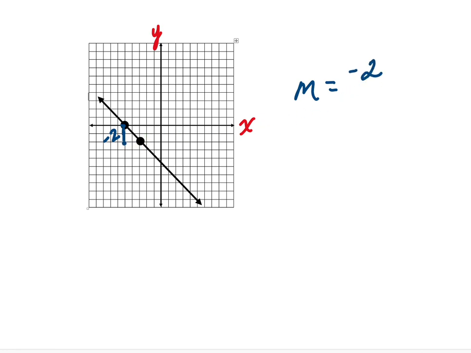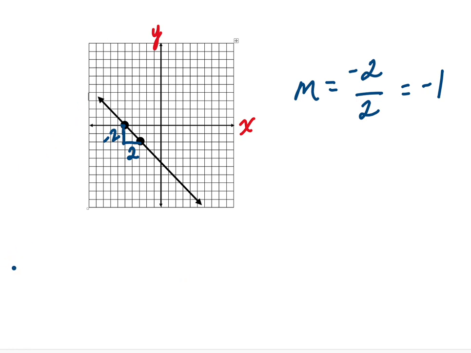And the run, which is left to right, is positive 2, because I'm going in the positive direction there. So negative 2 over positive 2. We will always reduce this. So negative 2 over positive 2 is negative 1. So my slope here is negative 1, which does make sense because my graph here is decreasing. And that's a good way to check your answer.